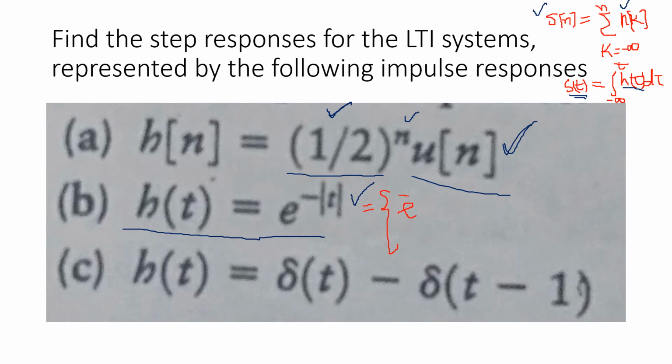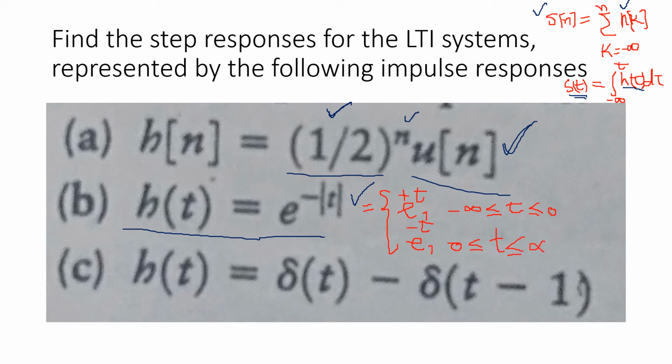So we can write this in piecewise form. I can split it into e^(t) for the case when t has values from minus infinity up to 0, right? And the second part of it will be e^(-t), for t ranging from 0 up to infinity.